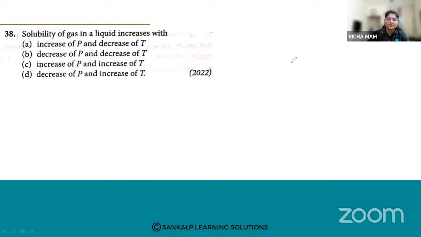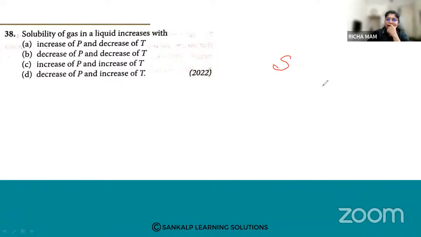According to Henry's law, solubility of a gas is inversely proportional to the Henry's constant, right?